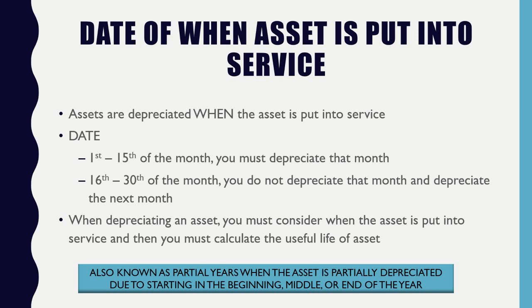Okay. All right. So again, you need to be able to recognize the date that you place in service, because that's going to be considered partial years, and you need to make sure that you depreciate each fixed asset accordingly based on its age, not the current year that you're in. Okay, that's the most important thing there.